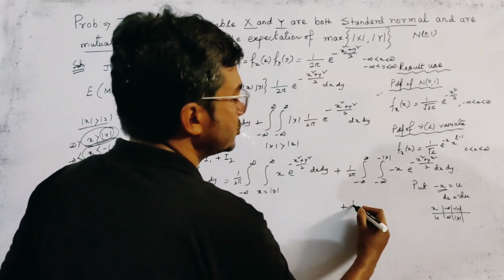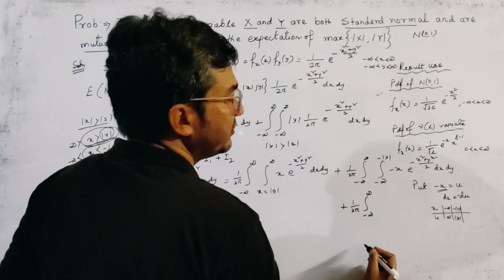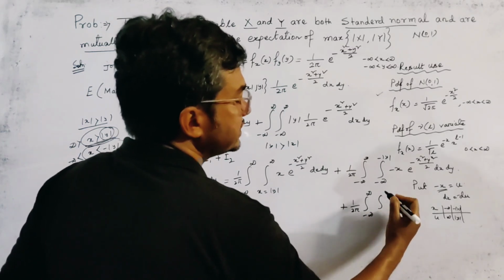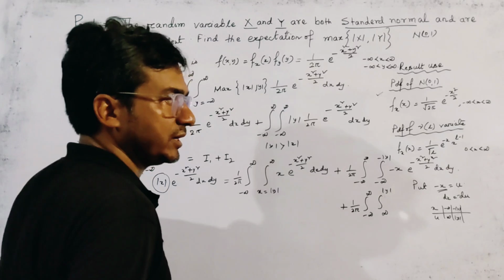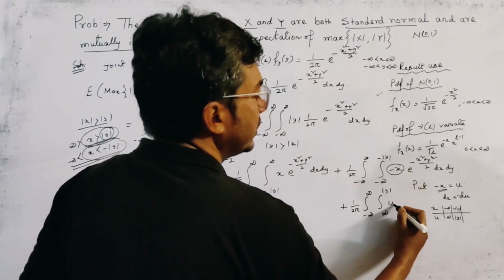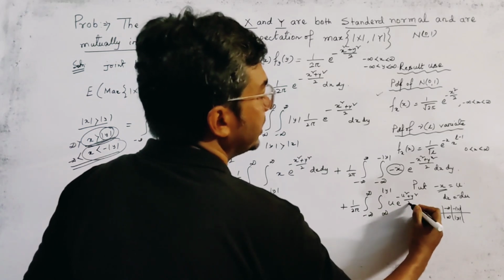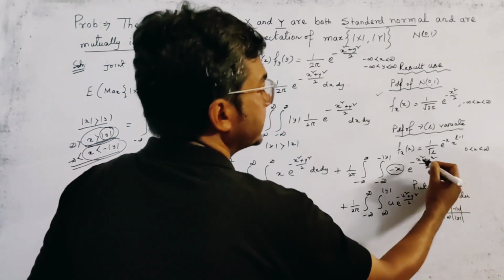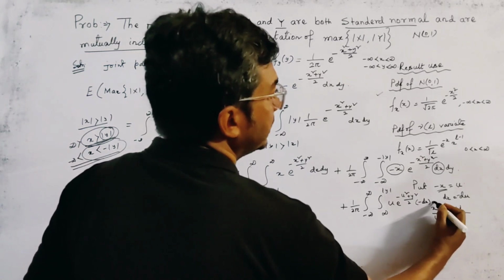Okay, and in this case the second integration becomes, we write only the second integration, 1 by 2 pi integration from minus infinity to infinity, and this integration becomes infinity to mod y, right? Infinity to mod y, and this is u, and e to the power minus (u square plus y square) by 2, and dx is minus du, into dy.